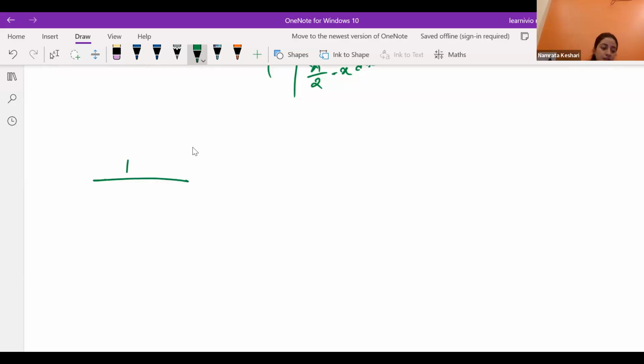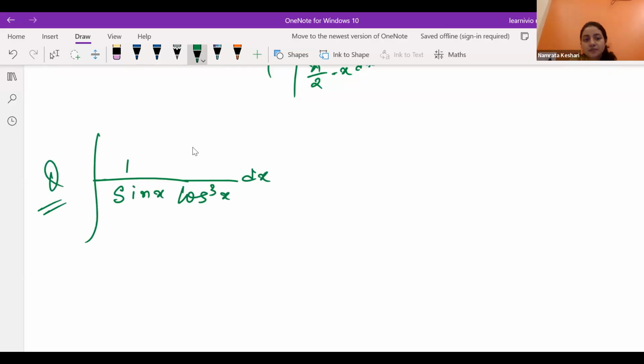Suppose we are having 1 by sin x cos cube x, then what to do? Think about it.